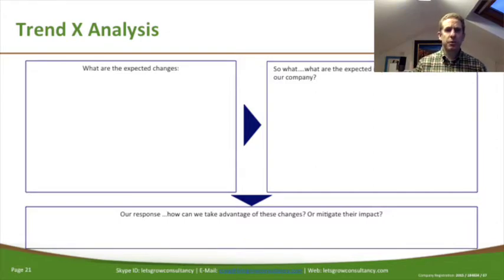You just put them down bullet point by bullet point. Then, crucially, what is the so what? What is the implication on your industry or on your company? How is it going to affect you? But then finally, what is a potential response? How can you take advantage, or how do you mitigate against the impact?